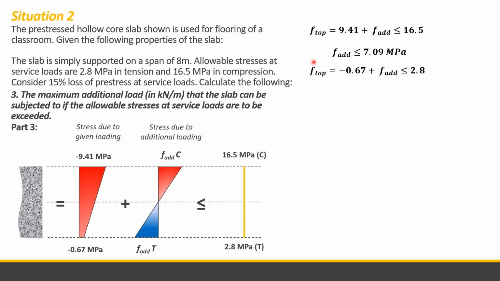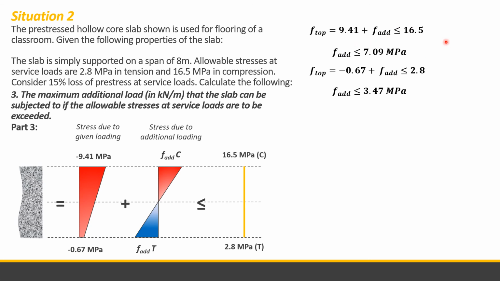At the tension side, we have negative 0.67 plus the additional stress due to the additional load, which should be less than 2.8 megapascal. So this will be 3.47 megapascal.